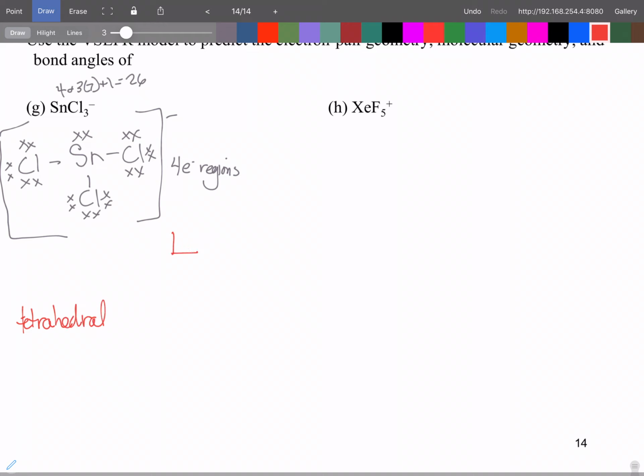But if you look at the tetrahedral, you have chlorine, chlorine, chlorine, and the lone pair here. So what's going to happen is this is going to push down here. So you're going to end up with these 3 coming in as a triangular base. And so it's trigonal pyramidal.